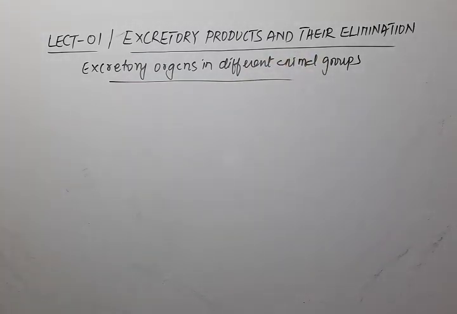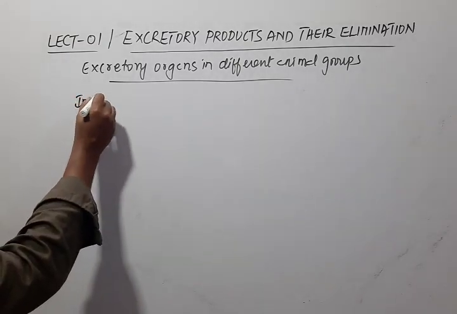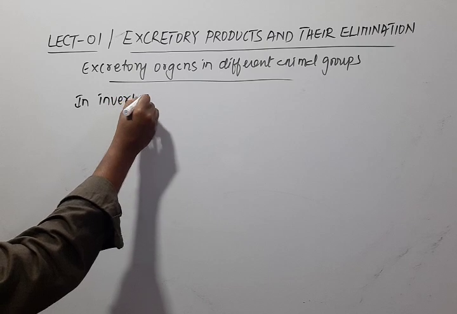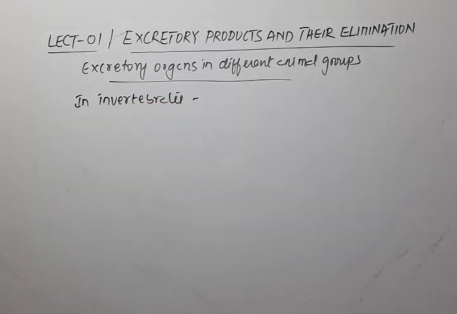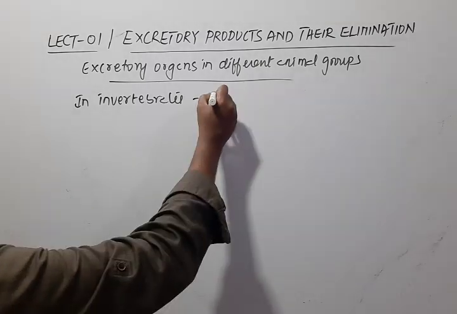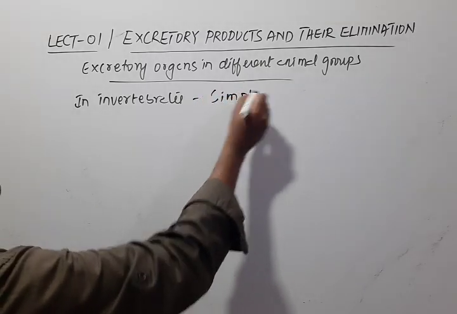In invertebrates these excretory organs are simple tubular forms.